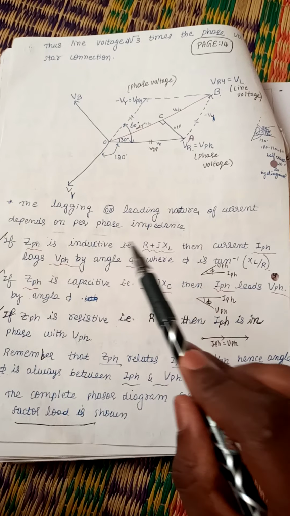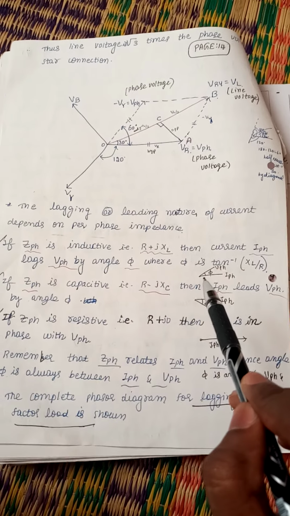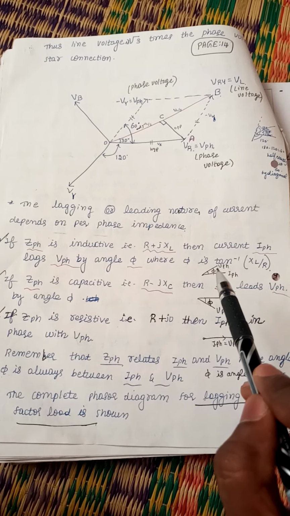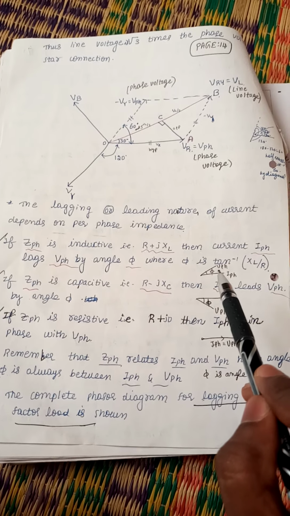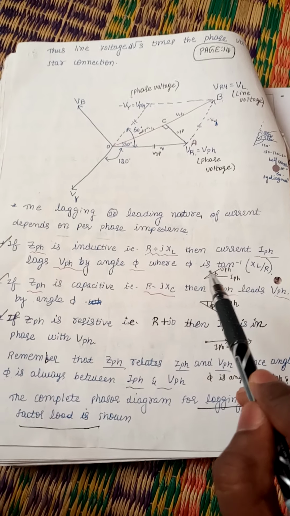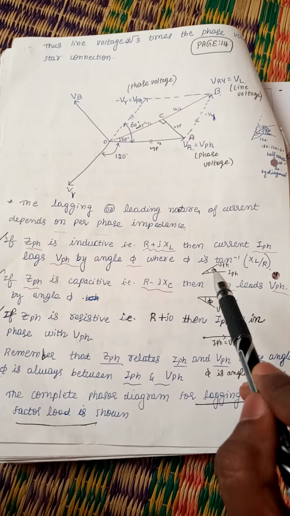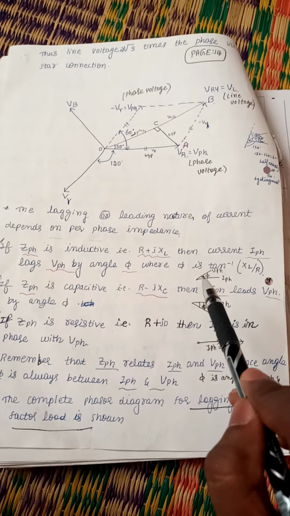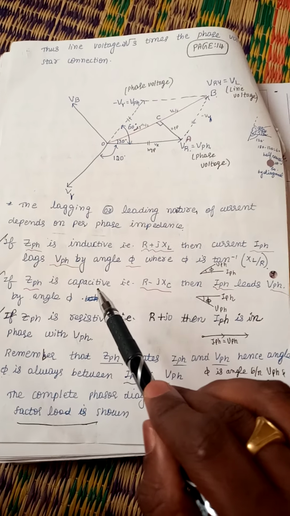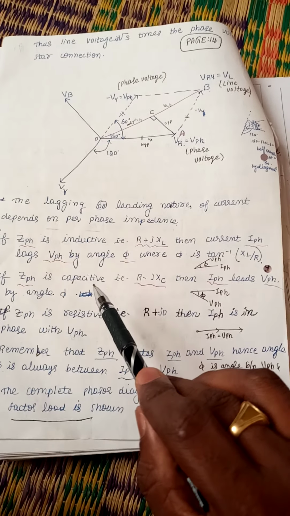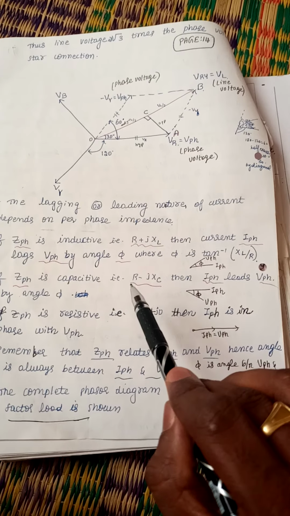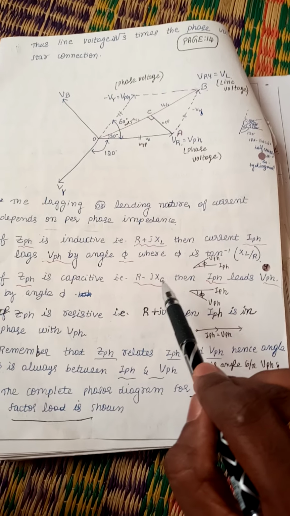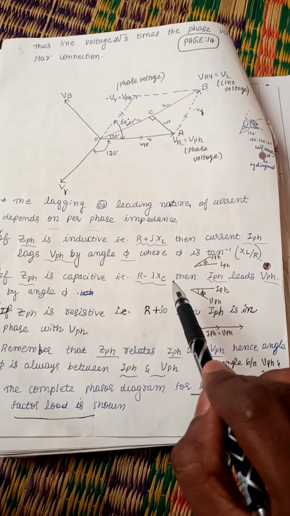You already studied this concept which comes under RLC, right? In the case of AC through an inductive circuit, we had studied that the current lags voltage by an angle of pi. If your circuit is a capacitive circuit, then it is given by R minus jXC, right?